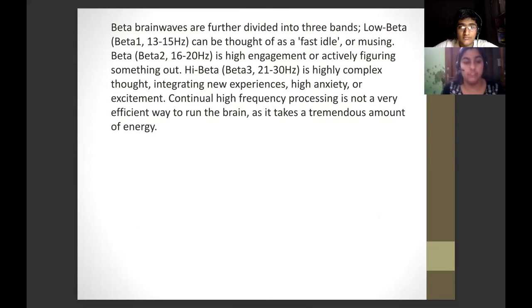They are further divided into three bands: low beta that ranges from 13 to 15 hertz, beta that ranges from 16 to 20 hertz, and high beta that ranges from 21 to 30 hertz. The continuous high frequency processing is not a very efficient way to run the brain, as it can consume a tremendous amount of energy in our brain.